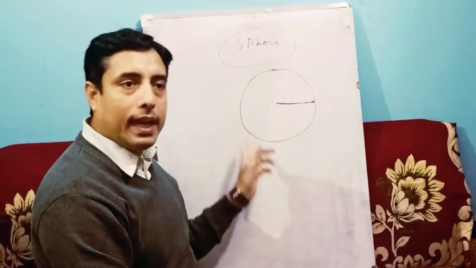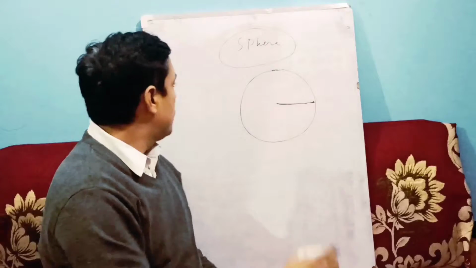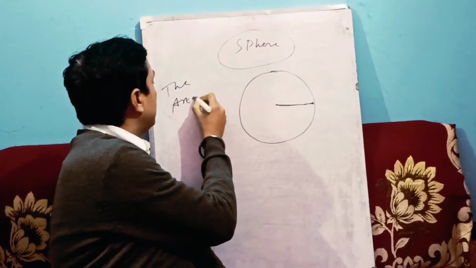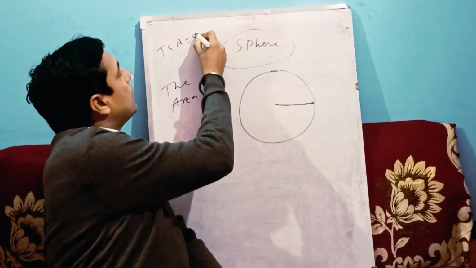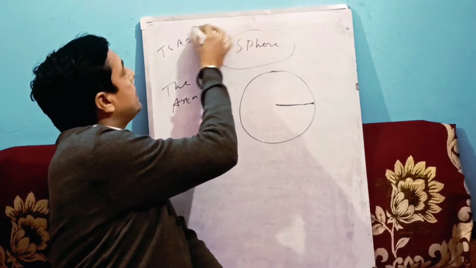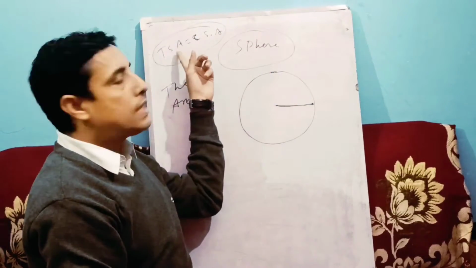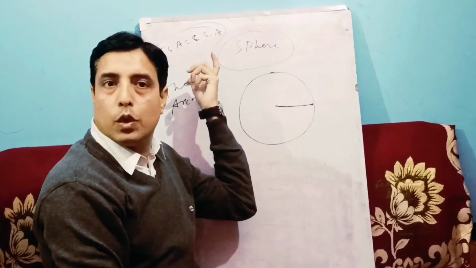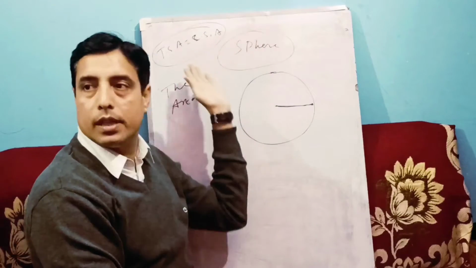Only the total area is calculated in the sphere. In the case of a sphere, the total surface area and curved surface area are both the same, so we need not discuss them separately.